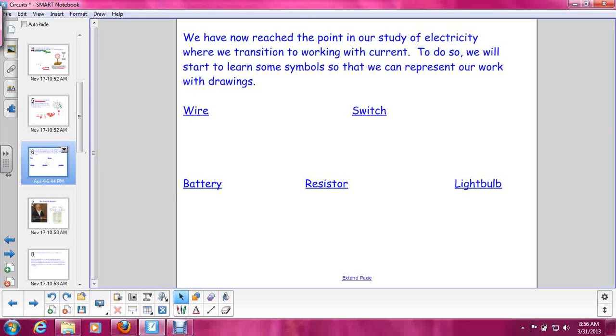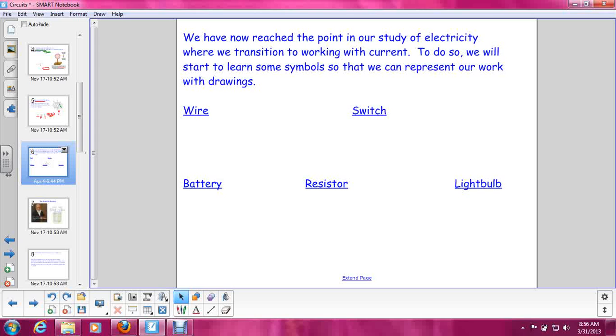Now, circuits are awfully fun to draw, a lot of fun to build, and I think they're kind of fun in terms of the math you have to do. But to get started, I am going to show you all of the symbols that we use to simplify drawing a circuit.